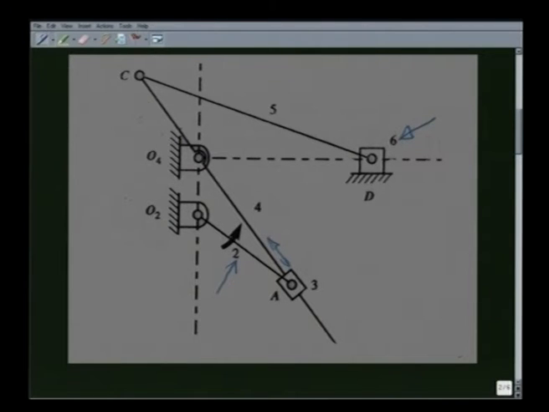Link 4 is hinged to the fixed link at O4, link 2 is hinged to the fixed link at O2, and links 4 and 5 are connected by this revolute pair at C. Link 5 and 6 are connected by this revolute pair, and link 6 has a prismatic pair with fixed link 1 along this horizontal direction. For these given kinematic dimensions, our objective is to determine the quick return ratio.